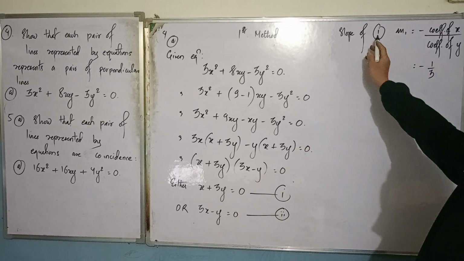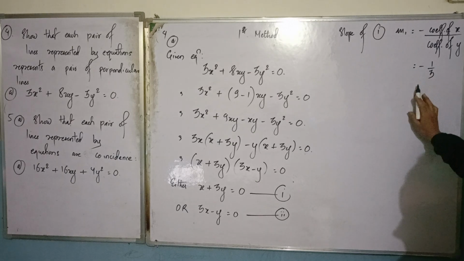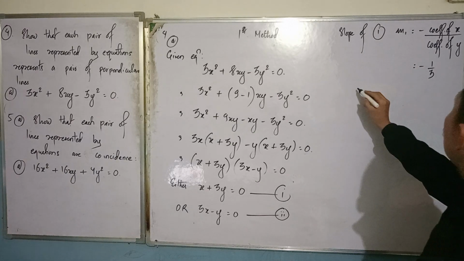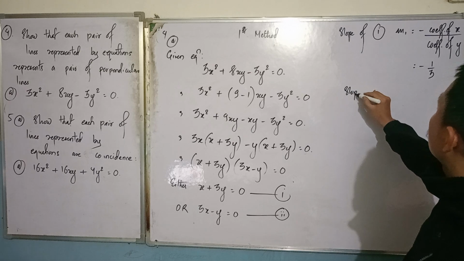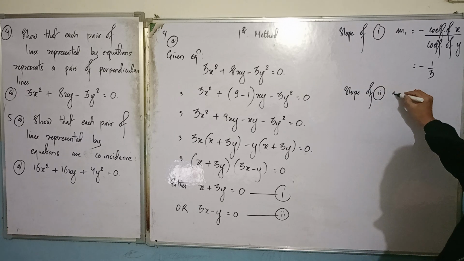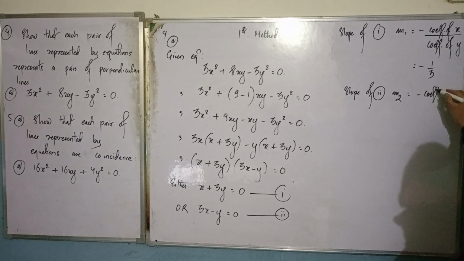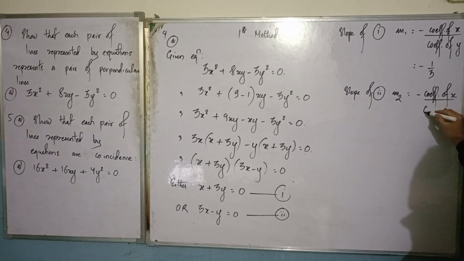So the slope of I, m1, is equal to minus 1 by 3. Similarly, in the same way you will get the slope of II, let that be represented by m2. So minus coefficient of x divided by coefficient of y.